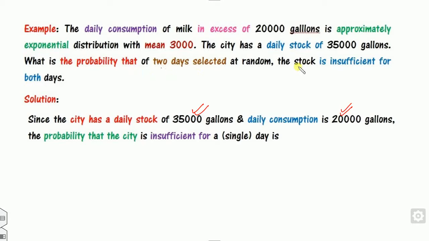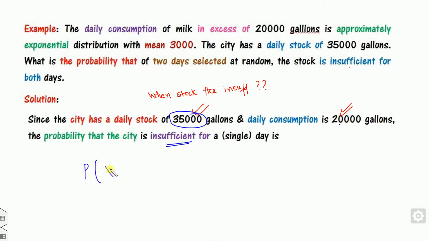Since the city has a daily stock 35,000, daily consumption 20,000, what is the probability that the stock is insufficient? Firstly, you have to think about when the stock will be insufficient. The city has the daily stock of this, and the consumption is 20,000. So when will it be insufficient?